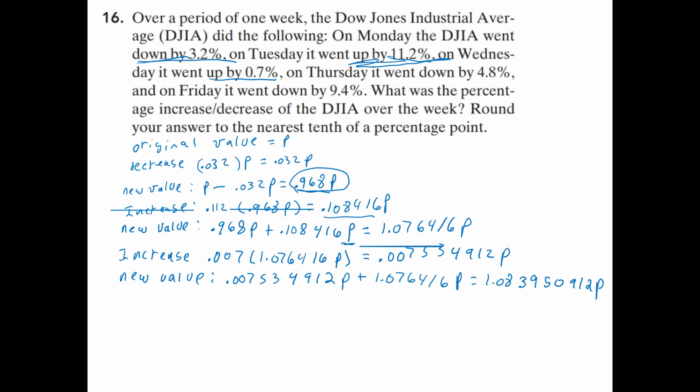Whew. Okay. That was at the end of Wednesday. Thursday, it went down again by 4.8%. So the decrease is again the percent, 0.048, times where it was, and it went down off of this value, so times 1.083950912P.